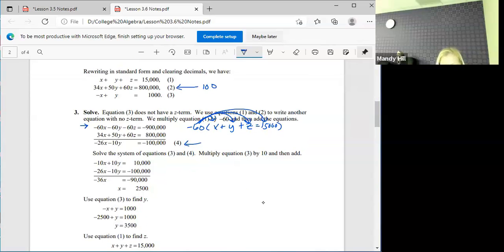Okay. So it looks to me like now they've taken equation number 3 and they've multiplied it by 10. So negative x plus y is equal to 1,000 is what we had. And they multiplied that by 10 to get this row.